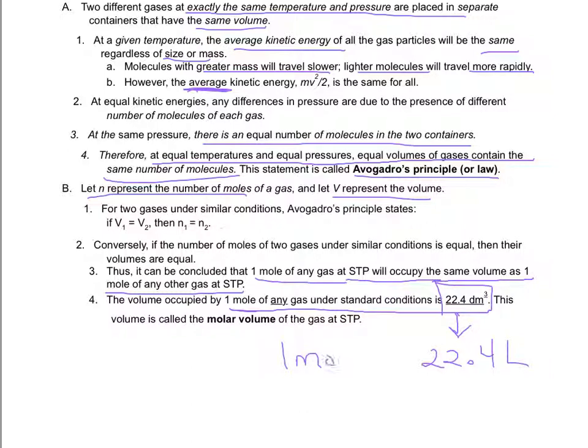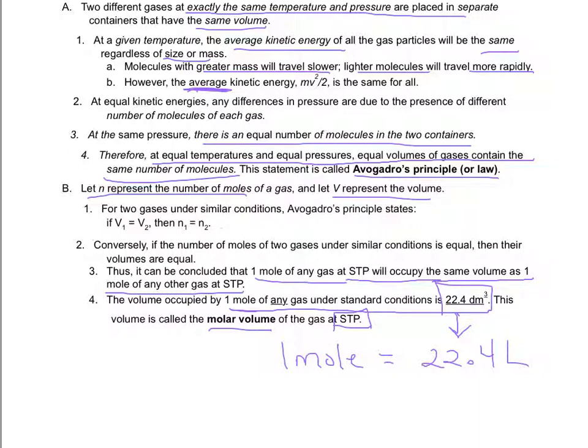So Avogadro's law helps us to come to the conclusion that 1 mole, or the molar volume of a gas at standard temperature and pressure, is equal to 22.4 liters. 1 mole is equal to 22.4 liters. That's the molar volume, and it only happens at standard temperature and pressure.